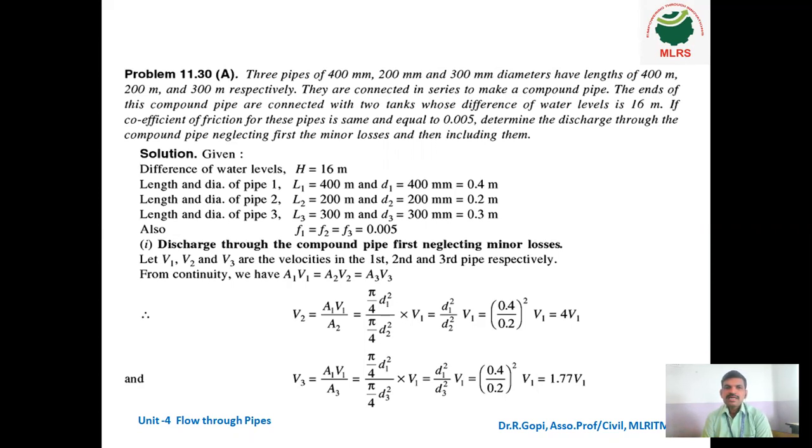Previously we saw H is equal to 12 meter, but in this problem it is 16 meter. If the coefficient of friction for the pipes is the same, and here they have given one important thing, the coefficient of friction is the same, meaning a common F. Determine the discharge through the compound pipe, neglecting first the minor losses and then including them.